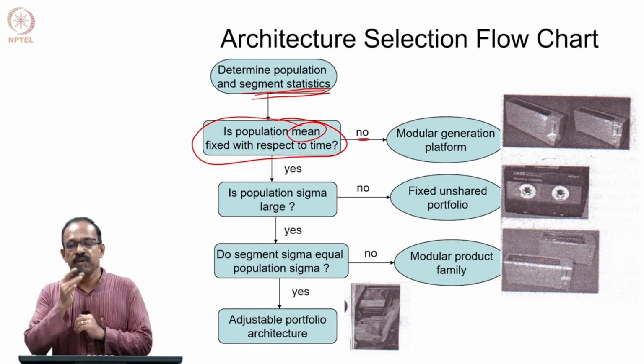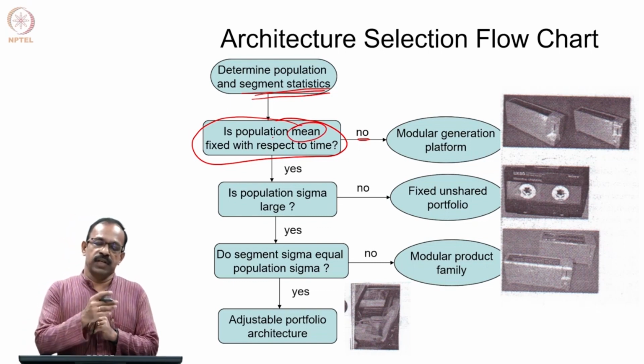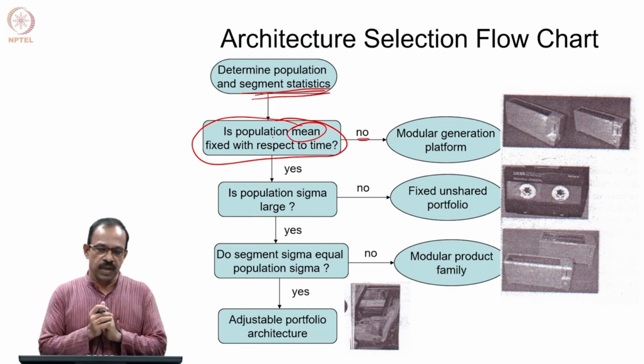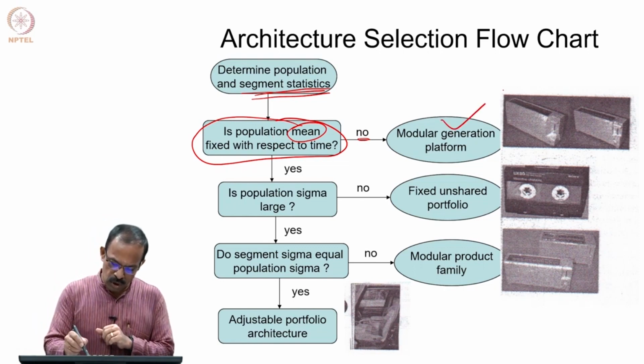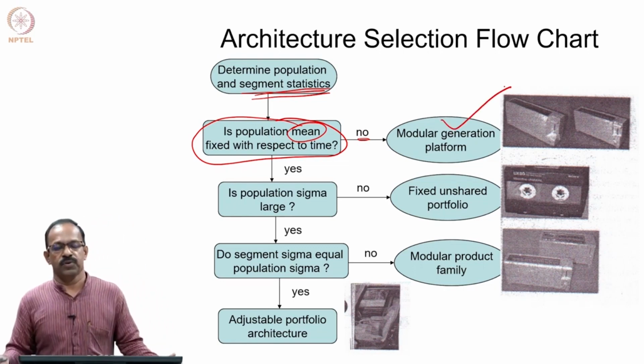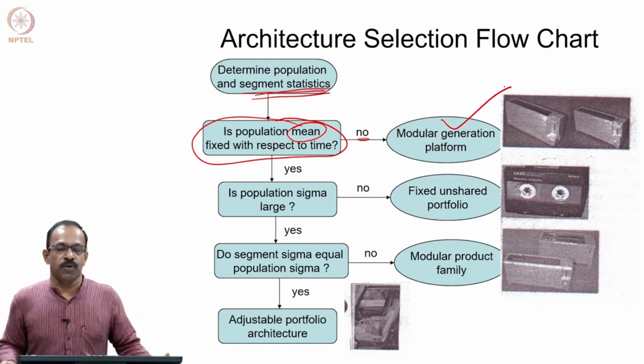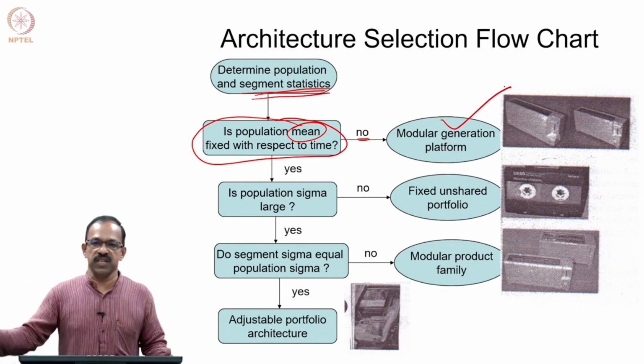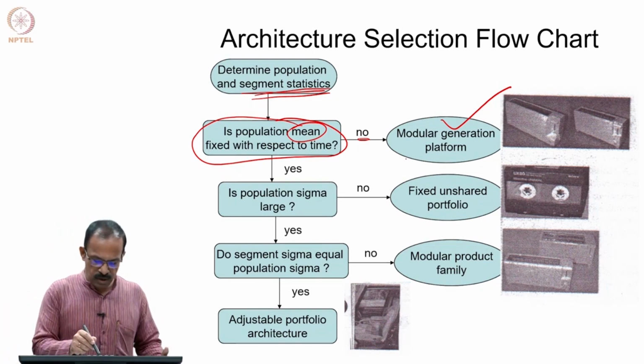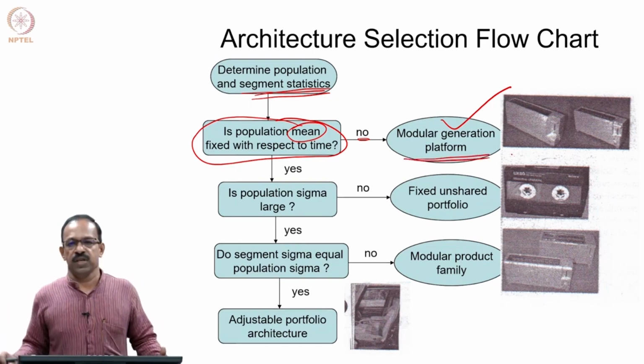I mean the mean value of that particular need actually changes over a period of time. Then we should go for a modular generation platform. So, the mean value of the need is changing over a period of time. That means the customer preferences change over a period of time. Then we will go for a modular generation platform.